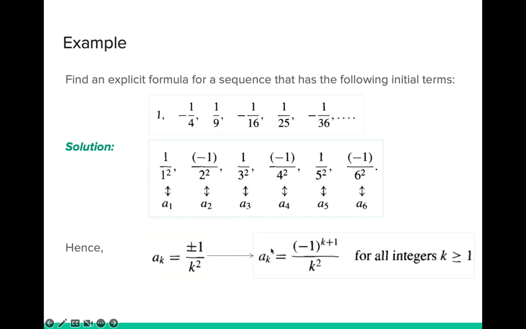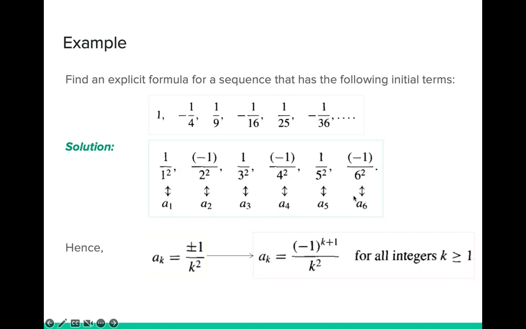And since we have a restriction that the integer k is greater than or equal to 1, we modify this formula as a sub k equals -1 raised to k plus 1 divided by k squared, wherein the numerator -1 raised to k plus 1 will generate an oscillating sequence 1, -1, 1, -1.